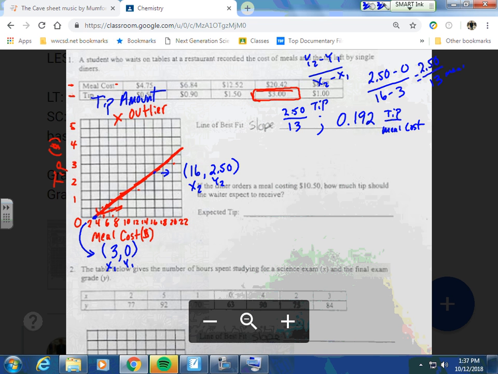All right, so that means take this number that we got, this decimal, this 0.192, and you're going to multiply that by 10.50. Is that what we're going to do? That's what you said, Nathan? All right, let's try it. 9.57. Is that right? $9.57.